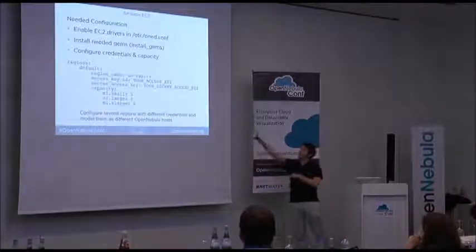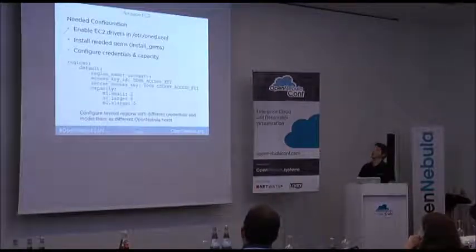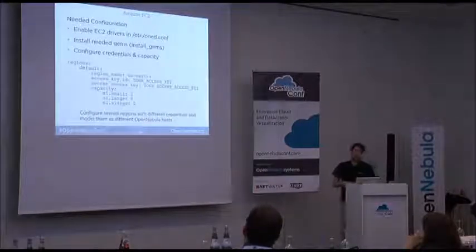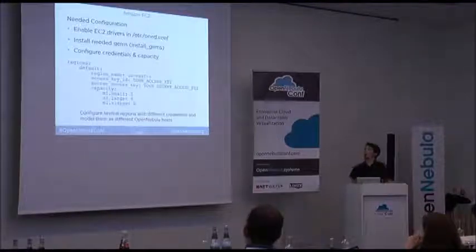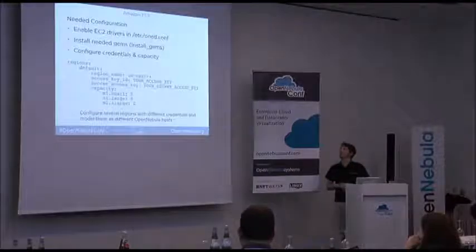These are the credentials that OpenNebula is going to use to manage virtual machines and to launch virtual machines in Amazon. You need the access key and the secret access key. You can check that in your AWS account.